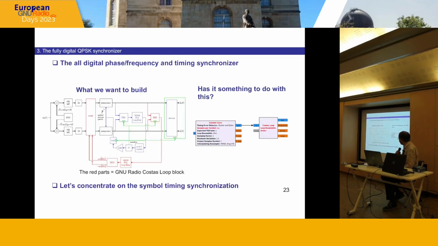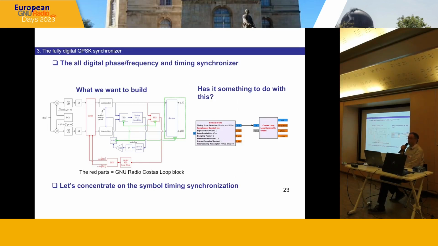So now the fully digital synchronizer. In fact, what you see on the left is what we want to build. We've got the Costas loop in red, and all the other blocks are the timing synchronization loop. So we want to build that, and the question is, has it something to do with what you see on the right?